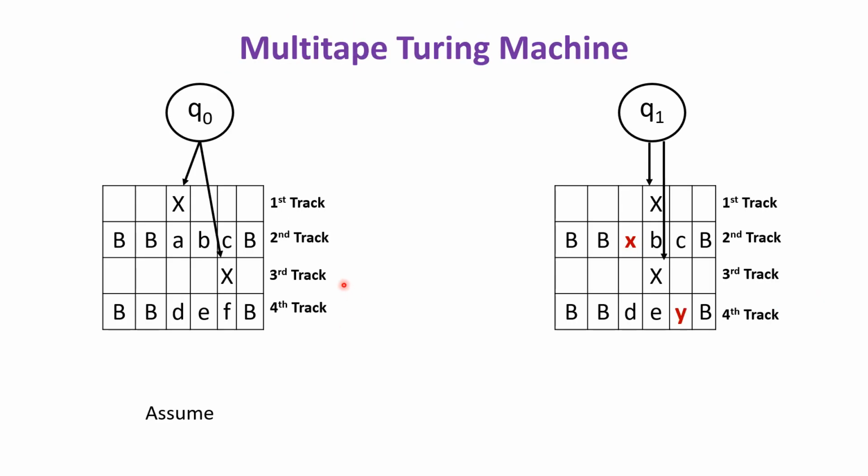Let us see a move in a multi-tape Turing machine simulated in a single-tape Turing machine with multiple tracks.